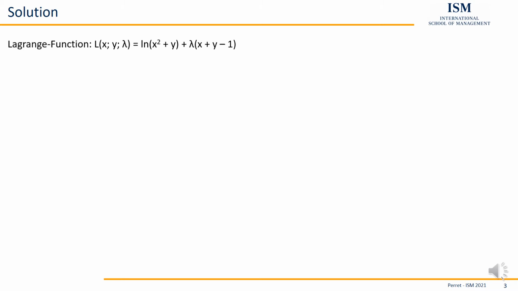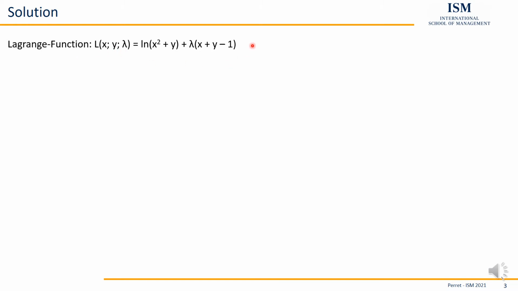The Lagrange function has a relatively easy, straightforward setup, which is just the function f plus lambda and then in parentheses the function g. That's basically all there is to the Lagrange function. Due to the fact that we added this lambda, we added one additional variable. So instead of the original x and y, now we have 3, including the lambda.